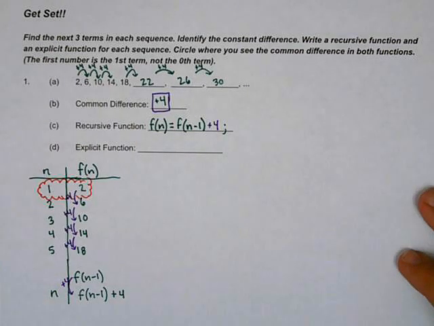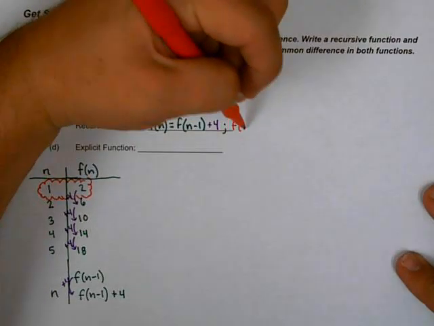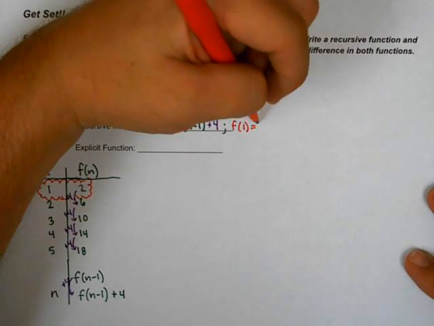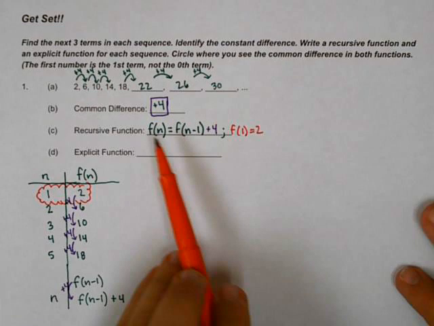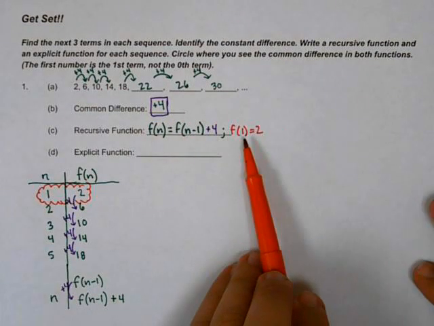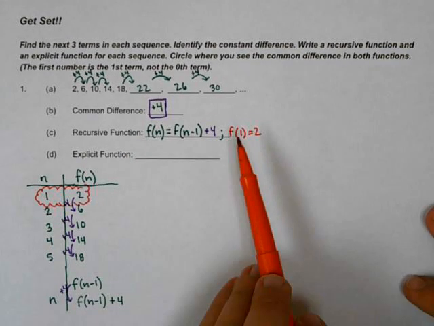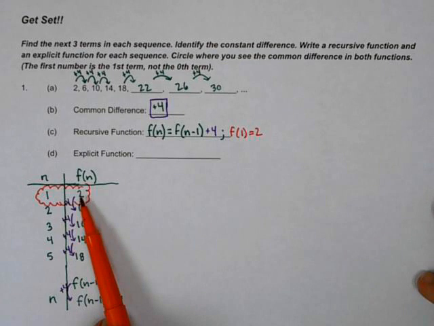So I'm going to have to say that the first term, which is at 1 this time, is equal to 2. Again, the only real difference between this and what we've done prior is that in previous problems, the recursive has been f of 0, but we don't have f of 0, we have f of 1.